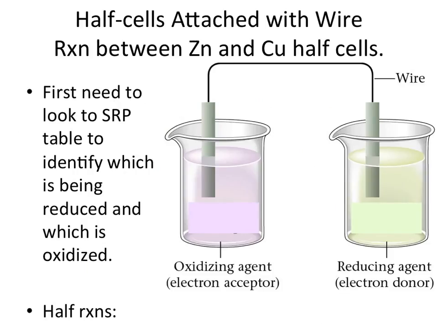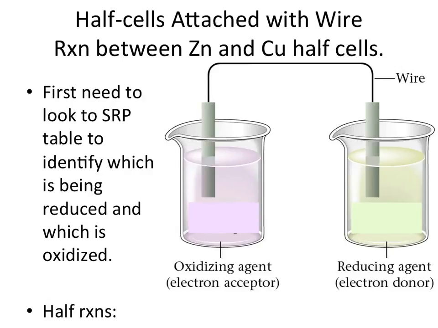And so if we put two half cells together, we're going to see some kind of reaction. Now, in this case, one will always be oxidized and one will always be reduced, which means that all of these reactions in galvanic and voltaic cells are spontaneous. Okay? So in this case, we have to figure out which one is being reduced.